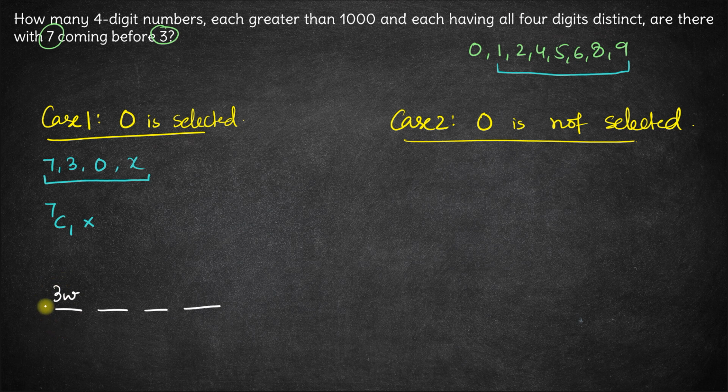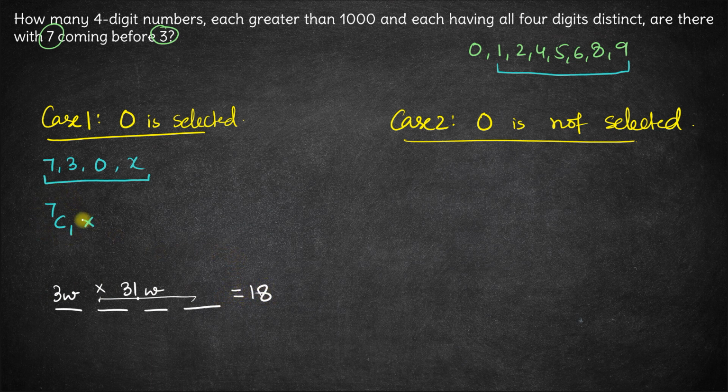Now 0 cannot come here, that was the condition. And the remaining 3 positions can be filled by the remaining 3 digits in 3 factorial ways, right? So the total number of ways is 3 factorial, 6, and 6 into 3 is 18.